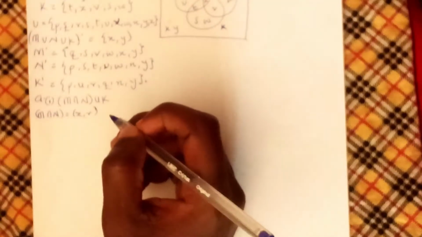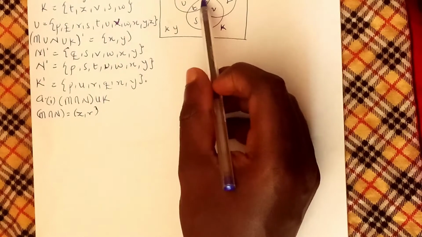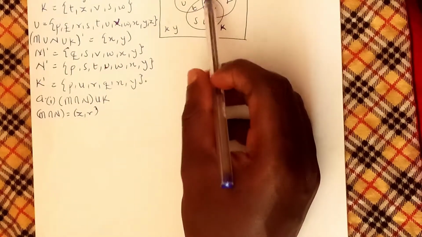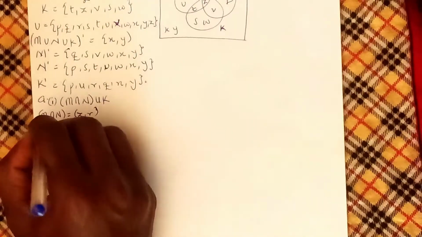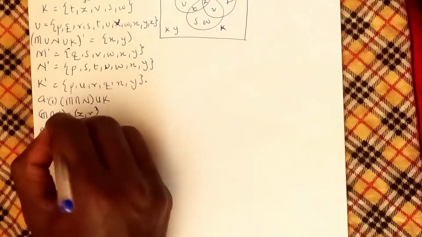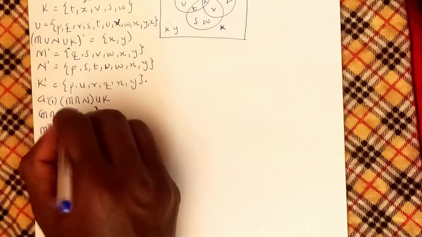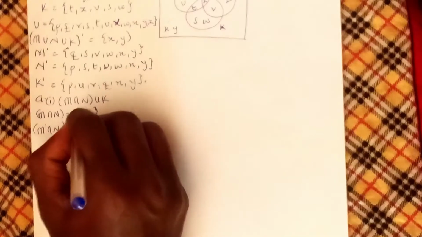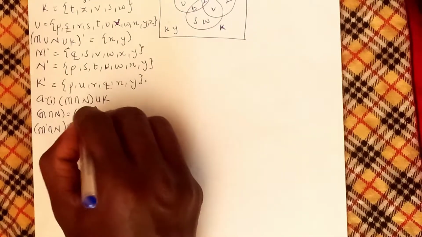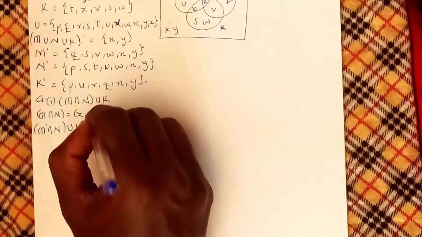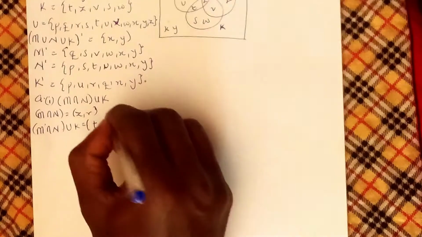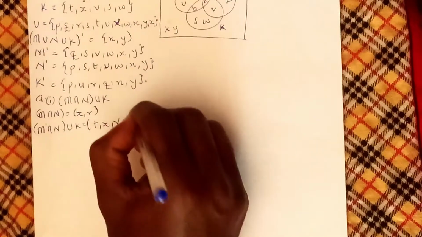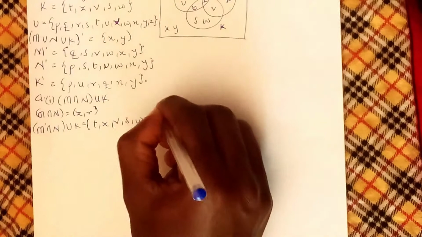Now we unite it with that of K. So therefore we list the members of K adding the Z and R. So we have the answer: M intersection N union K equals T, Z, V, S, W, and R.